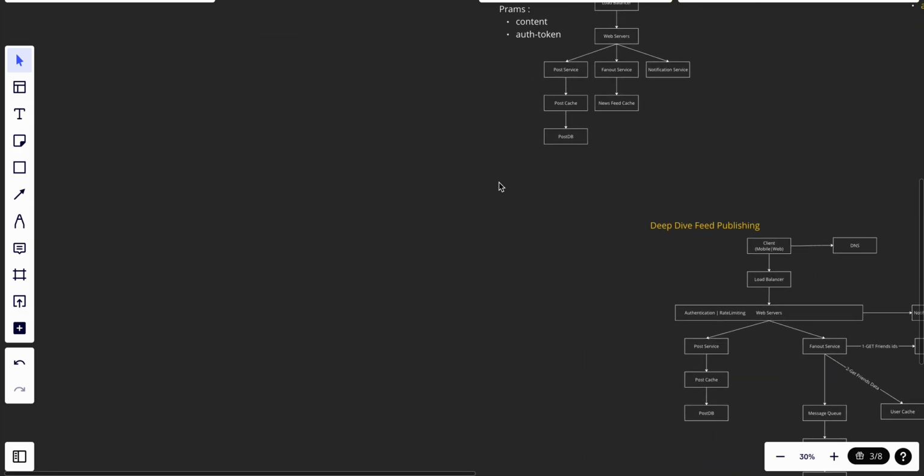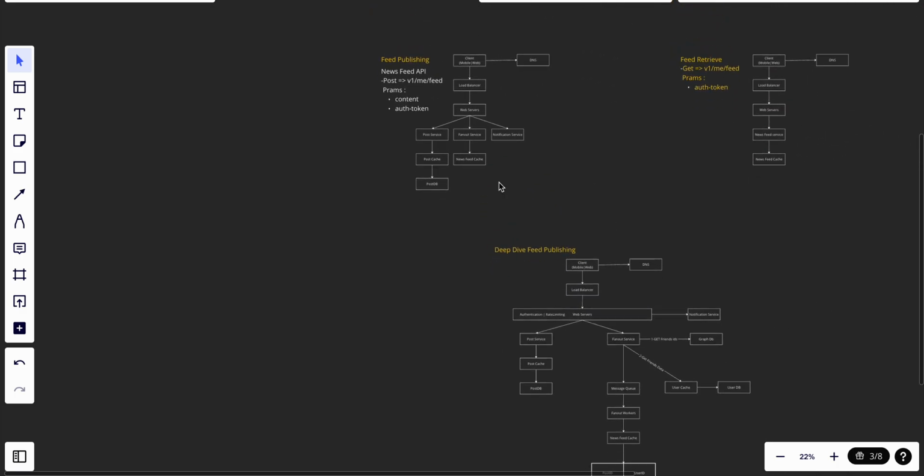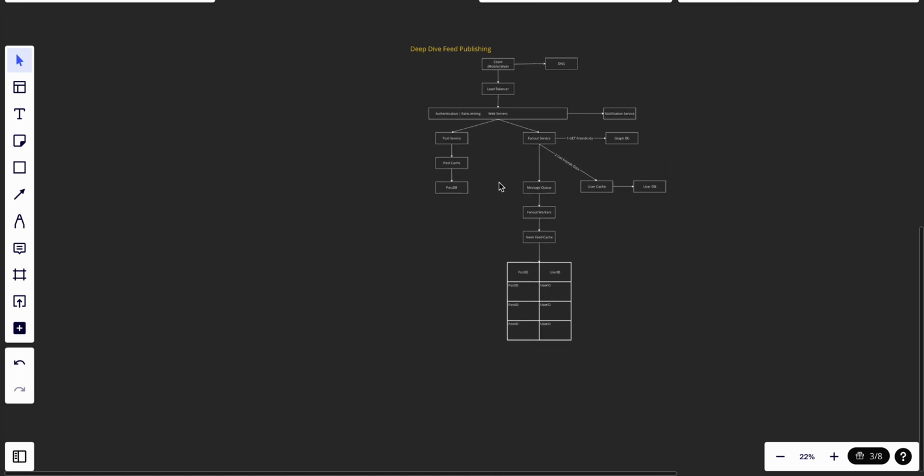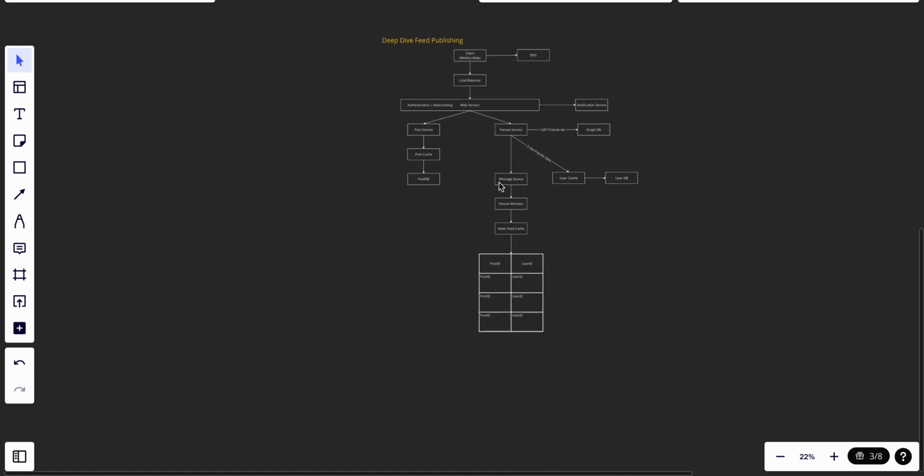So let's just go here. If we want to talk about the scaling of our system, we should talk about vertical scaling and how we can scale this. And maybe we have some SQL database, some NoSQL database.